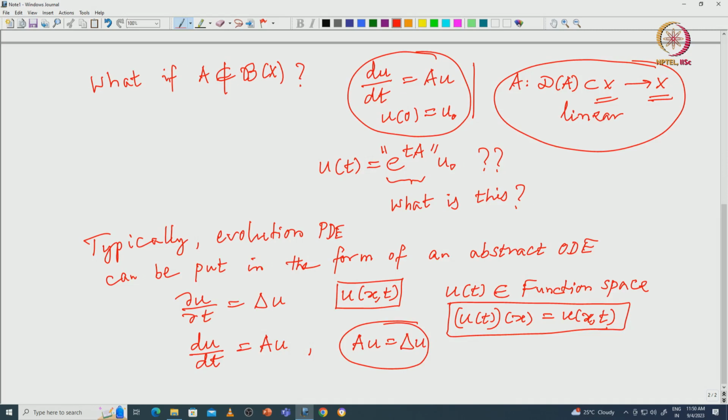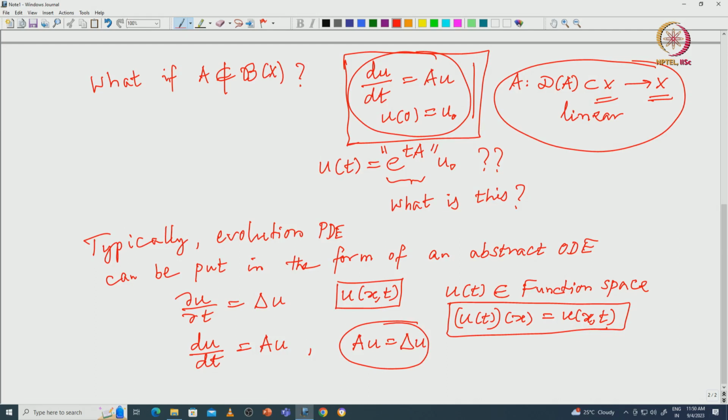So, once we study this abstract Cauchy problem, we can apply those results to the wave equation, heat equation and Schrodinger equation. So, that is the idea. Typically an evolution PDE can be written as an abstract ODE in some function space.